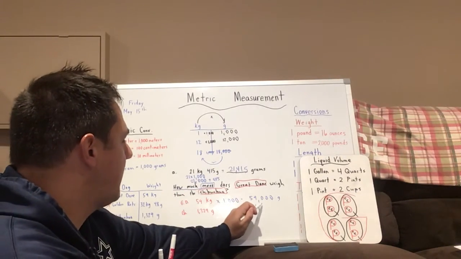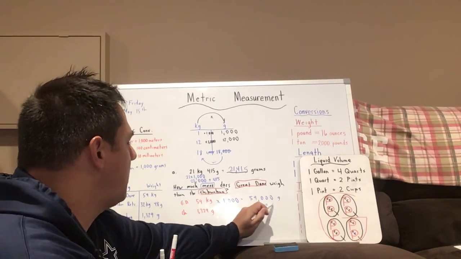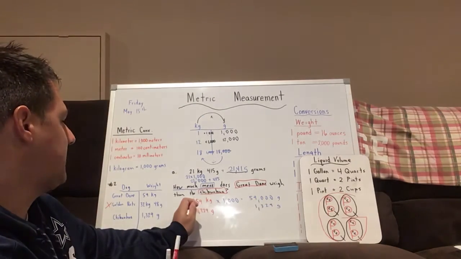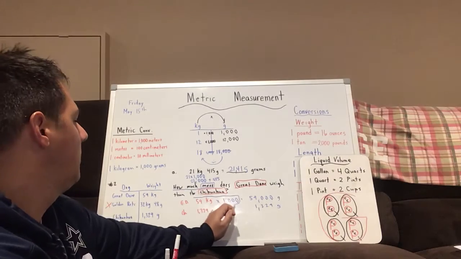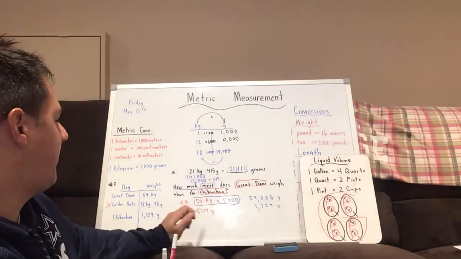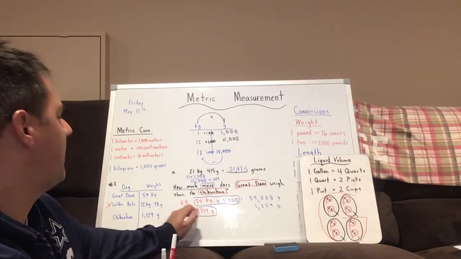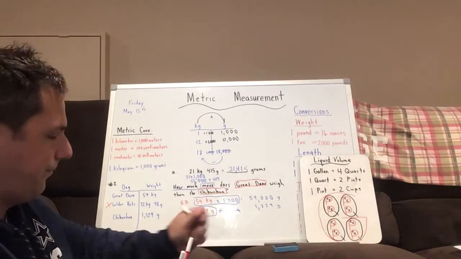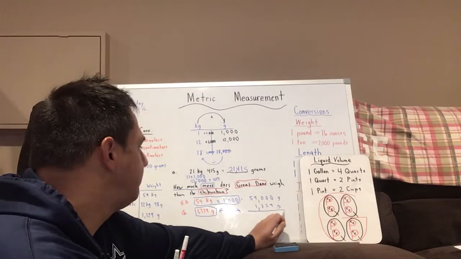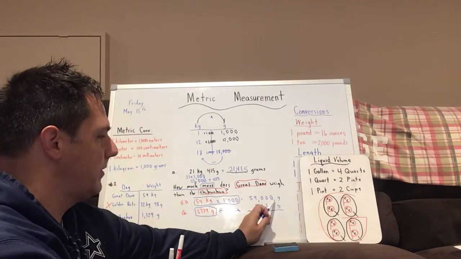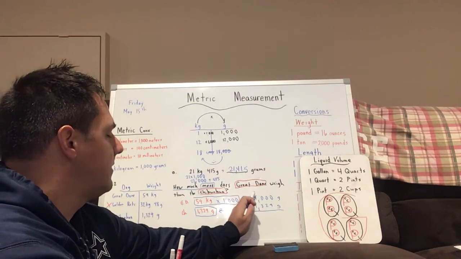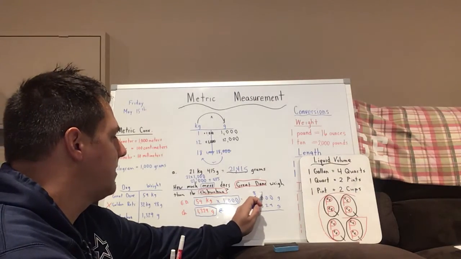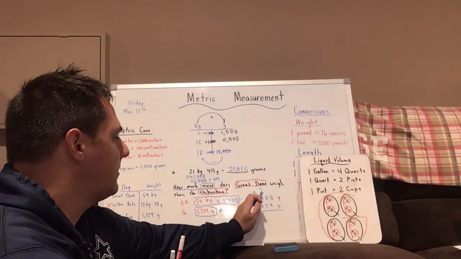And now, because we're trying to figure out how much more, that's a comparison problem, I'm just going to be subtracting 1,329 grams. Think of it like a tape diagram. That is my grams for my Great Dane. There is my Chihuahua, and we're trying to figure out this distance right here. Alright, so I'm going to subtract them. I'm going to have to borrow across a lot of zeros, I can see. So the 9 turns into an 8, the 0 turns into a 10, and then I have to borrow, that becomes a 9.